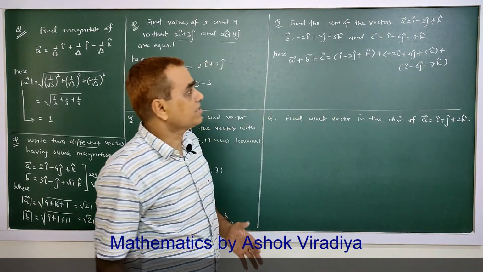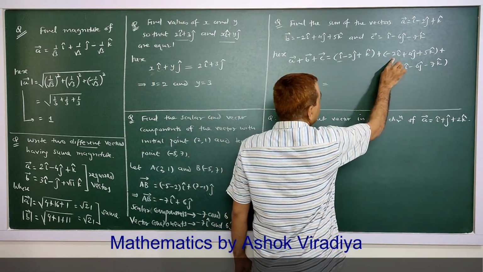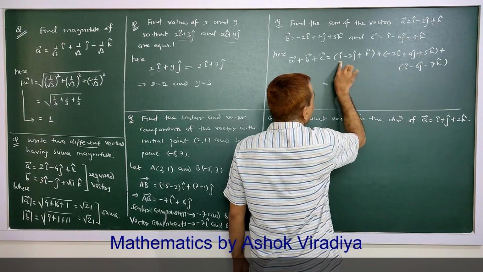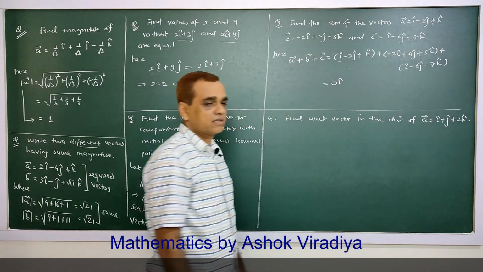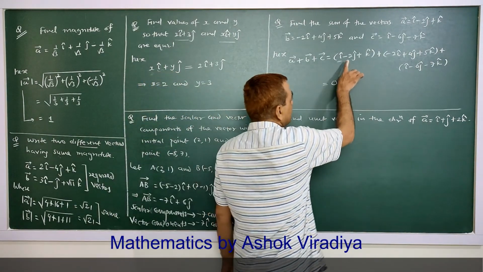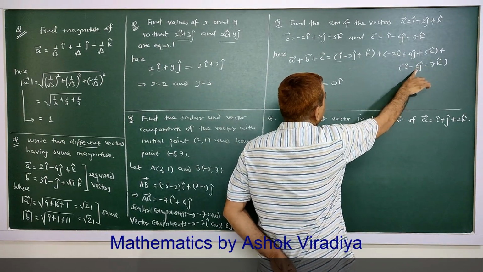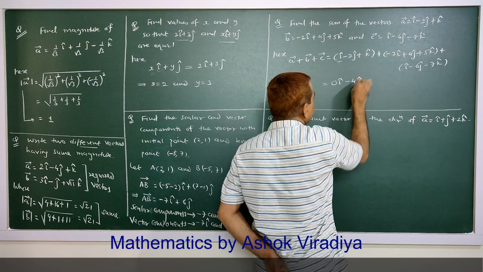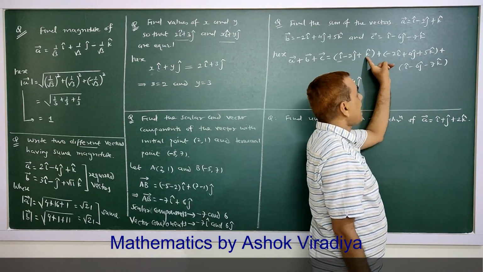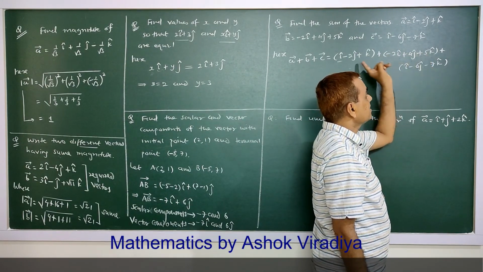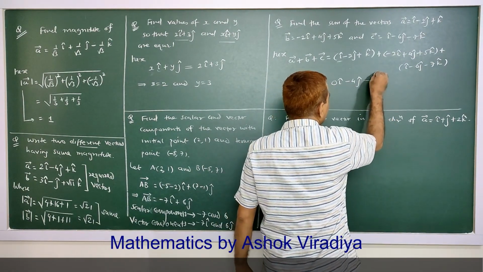Vector A plus B plus C is equal to, say, 1i minus 2i plus 1i, so i plus i is 2i, 2i minus 2i is 0i, plus minus 2j plus 4j is plus 2j, 2j minus 6j is minus 4j, then k cap plus 5 times k cap is 6, 6 minus 7 is minus 1 times k cap.